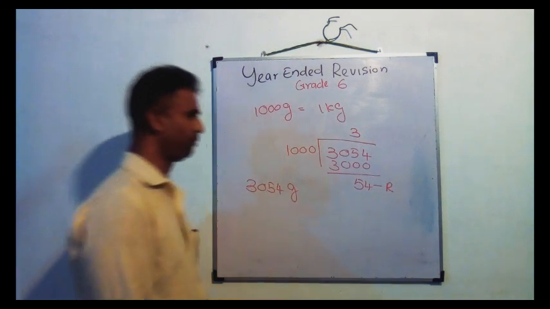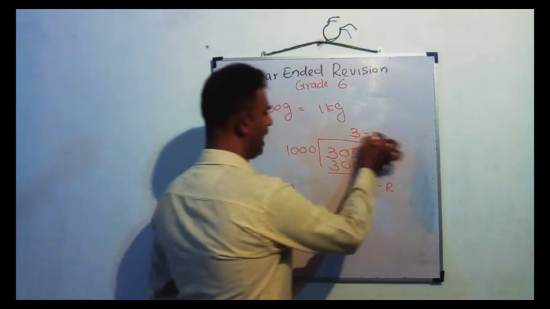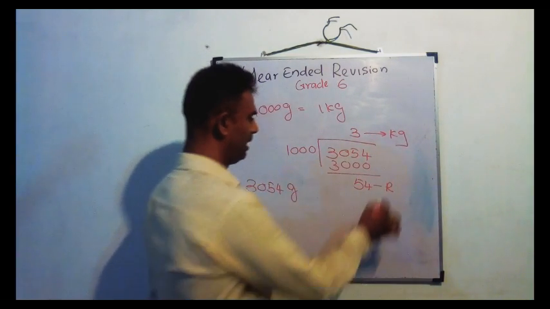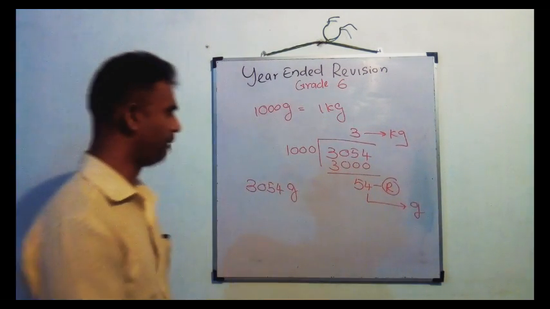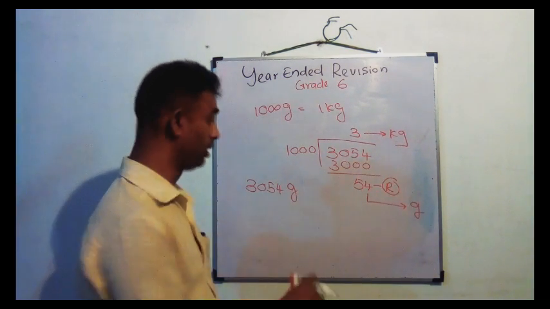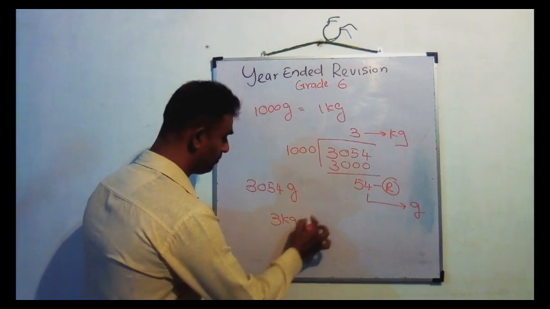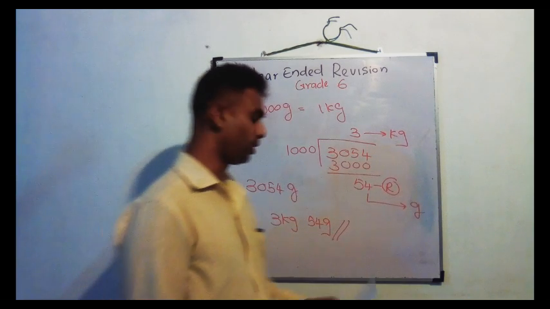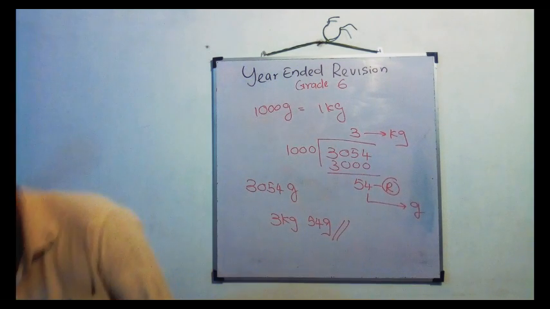The complete answer is the kilograms, and we have already discussed that the remainder is the grams. Therefore, 3054 grams when converted to kilograms is 3 kilograms and 54 grams. This is the answer.